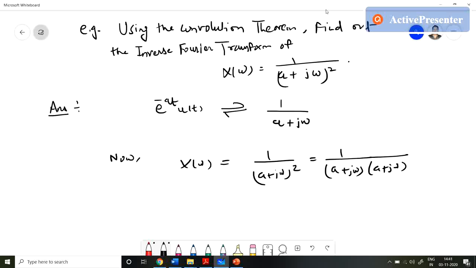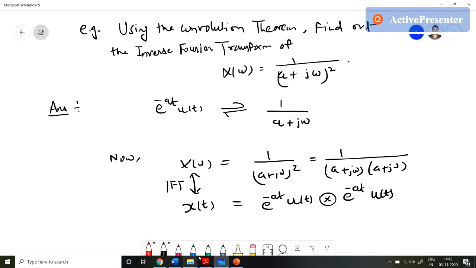Now if we find out the inverse Fourier transform, then xt is e raised to the power minus at into ut convolution with e raised to the power minus at into ut.